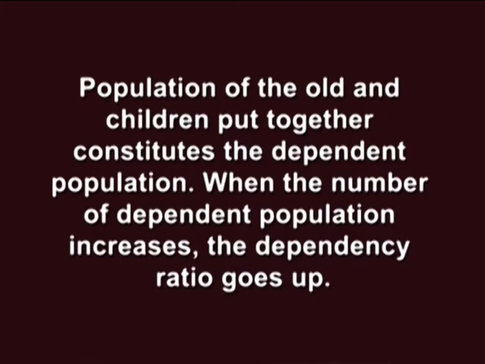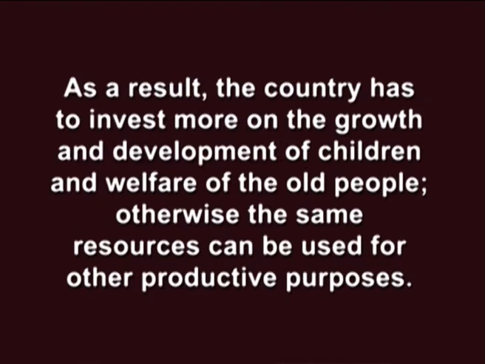Population of the old and children put together constitutes the dependent population. When the number of dependent population increases, the dependency ratio goes up. As a result, the country has to invest more on the growth and development of children and welfare of the old people. Otherwise, the same resources can be used for other productive purposes.